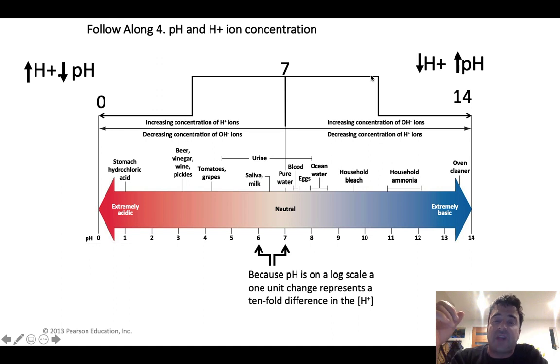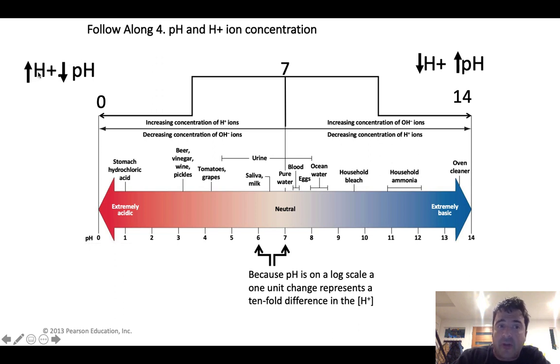And I want you to understand the relationship between hydrogen ions and pH. This is a conceptual question I'm asking you. If you put a compound into a solution that dissociates to form free hydrogen ions, the concentration of hydrogen ions will go up. As the concentration of hydrogen ions increases, pH decreases. So they're inversely related.